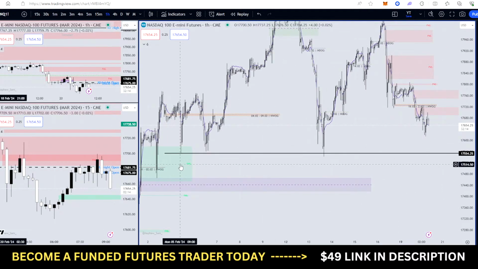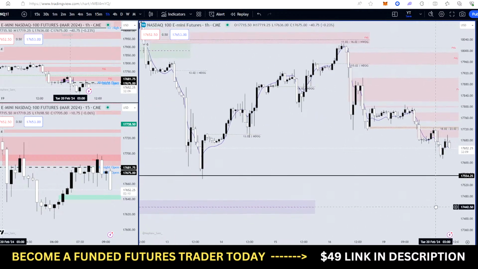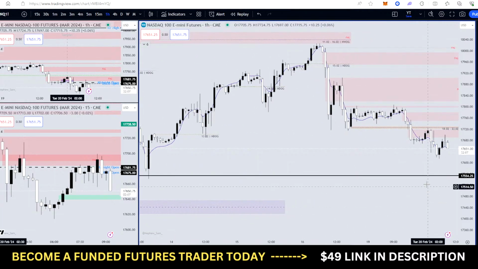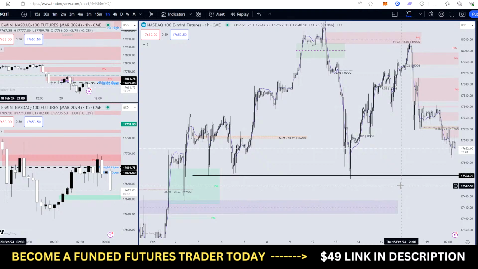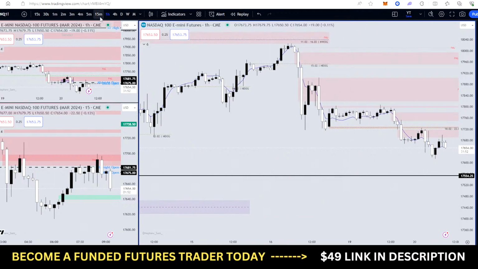That could be a nice area to do that, especially with the fair value gap giving us that type of ability once we reach that level. And again, the level is down around 560-ish. Yep, 553. The fair value gap actually starts at 577. So that's how large that area is.